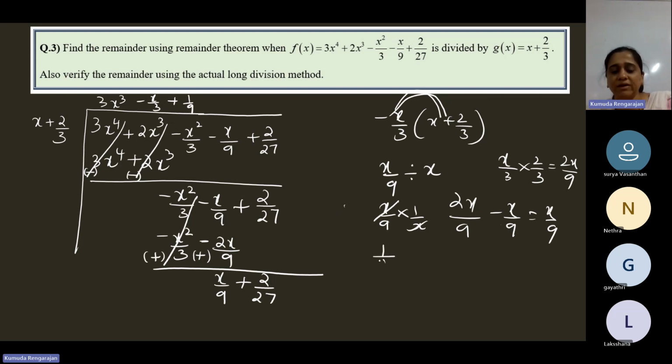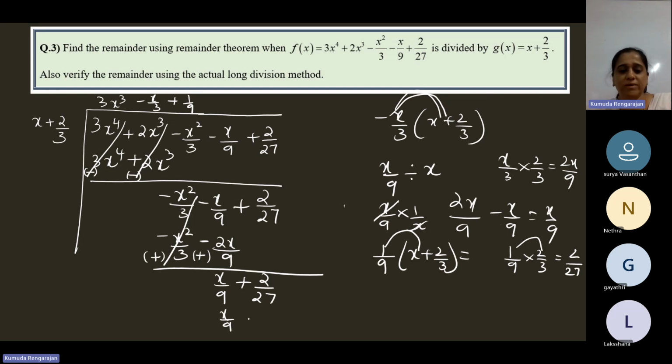Now we need to multiply 1 by 9 with the divisor x plus 2 by 3. 1 by 9 into x is x by 9. 1 by 9 into 2 by 3 is 2 by 27. Change the signs. Cancels, 0. So we've also verified the remainder using the actual long division process.